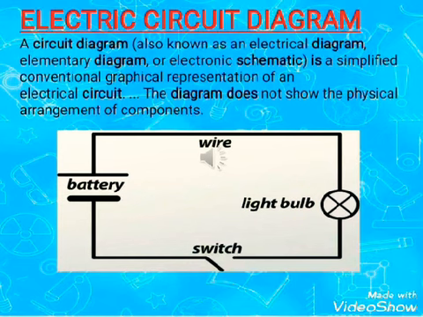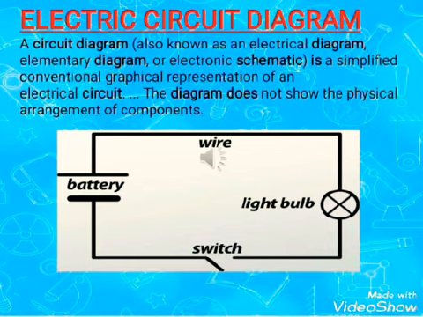Next slide is showing you the electric circuit diagram with different electrical component symbols. You will see in this slide the connecting wire, battery, light bulb and a switch. And the switch, you know, is the safety device for any circuit, which also reduces the use of electricity in a certain circuit.